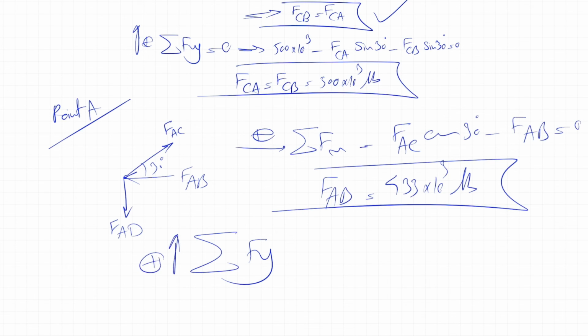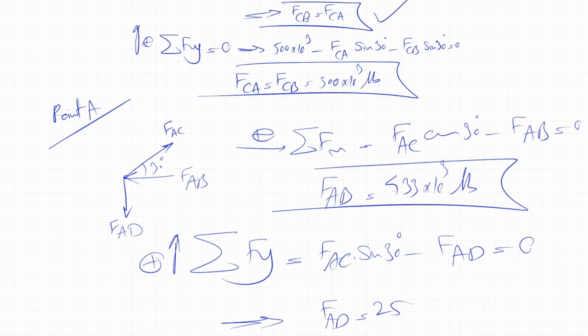And we'll have our Fy here, which we can use to find the tension in cable AD. And for that, we'll have FAC this time sine of 30 degrees minus FAD equals 0. And from here, we can find FAD.